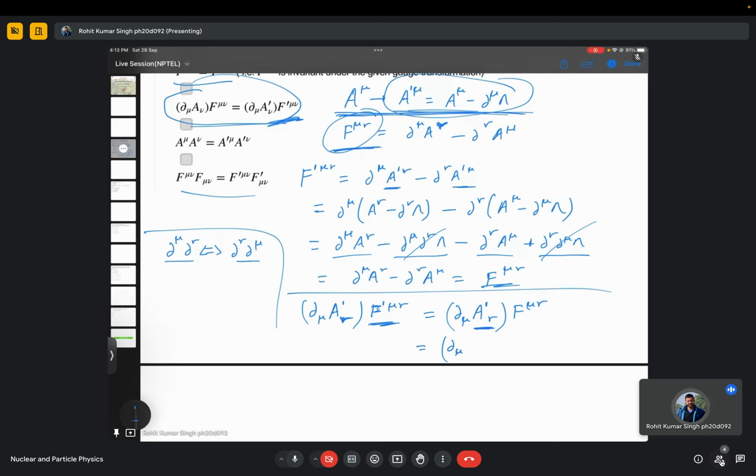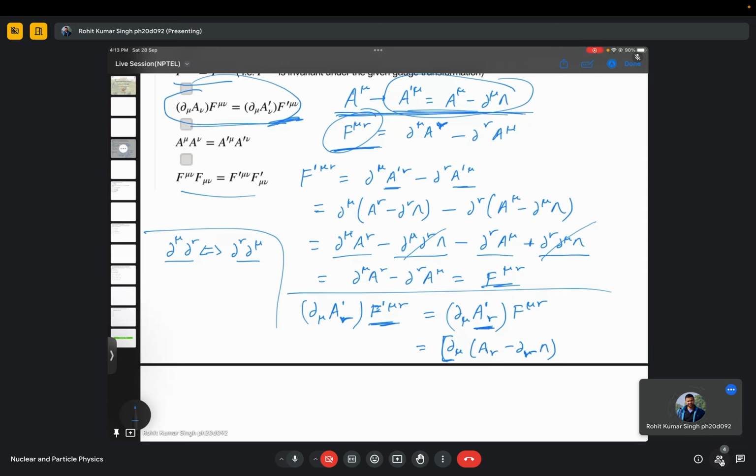A prime is A mu minus del mu lambda. I've written the covariant form.